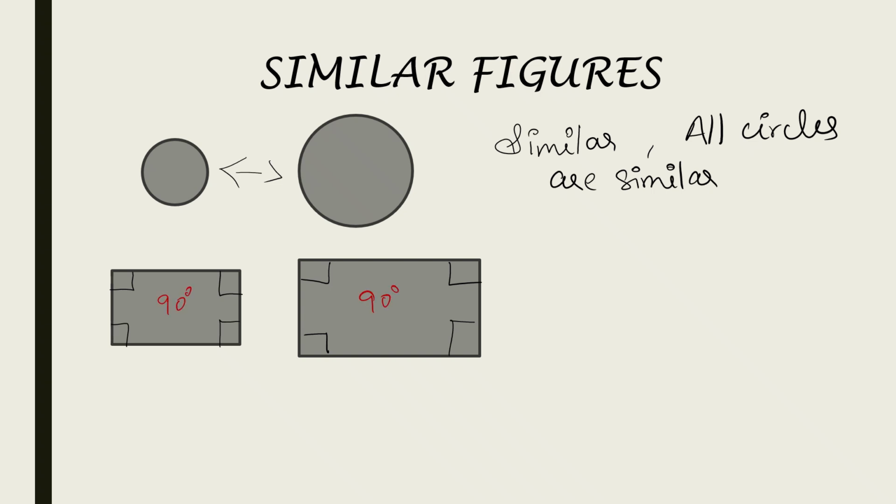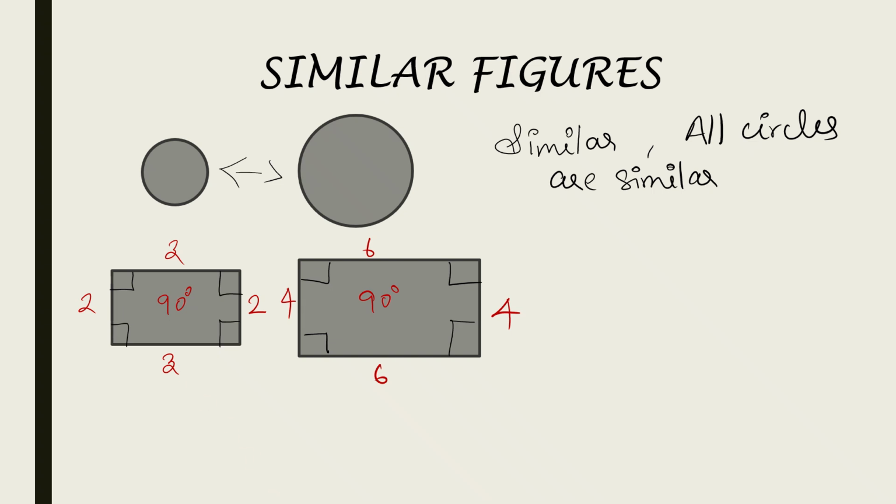And the sides, let it be 3 centimeters. And if the side of this is 6 centimeters, and let it be 2, and here 4. It is a rectangle, so obviously this will be 3, this will be 6, this will be 4, and this will also be 4. All will be centimeters. Sorry, 2. This will be 2. So here you can see the sides are proportional.